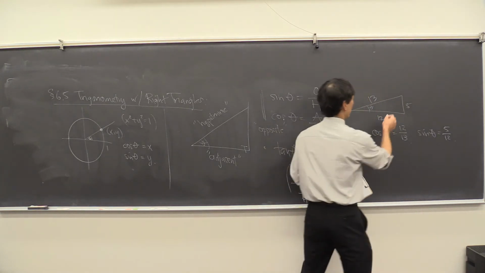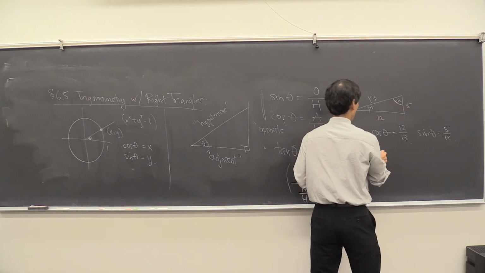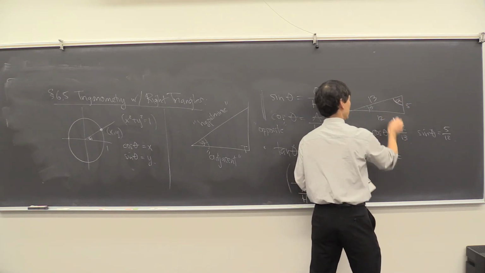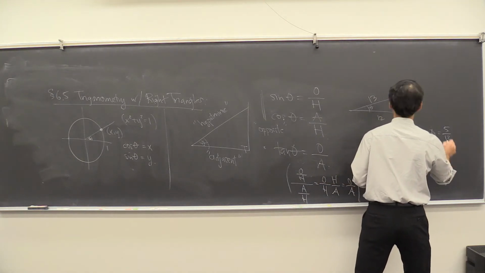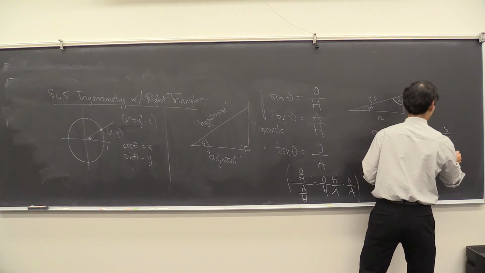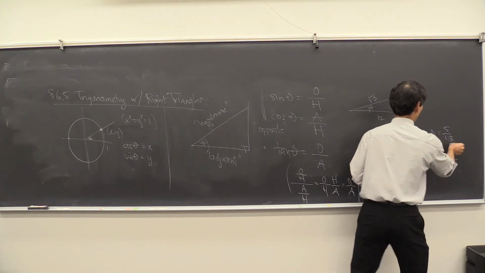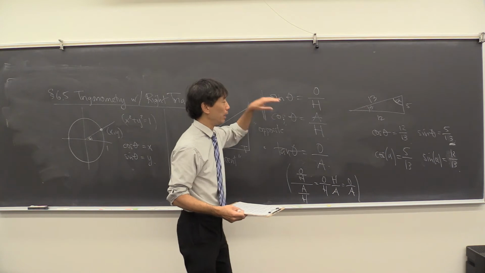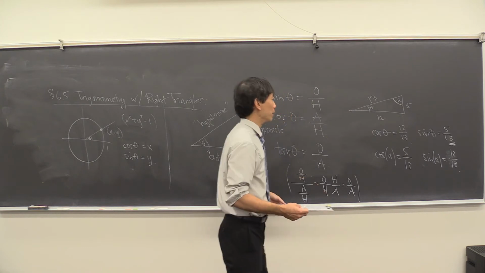If I looked at this other angle, let's call it alpha, cosine of alpha would be the adjacent over the hypotenuse, and sine of alpha would be the opposite over the hypotenuse. So this should be a 13. This is how one can calculate the cosine and the sine using right triangles.